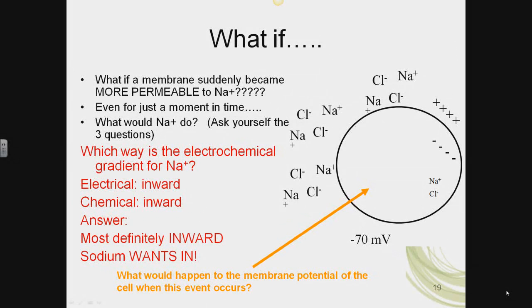It dropped from minus 70 to minus 50 to minus 30. And students say, well, how much less negative and more positive will the cell become? Well, that depends on how much permeability sodium has and how long those channels stay open, doesn't it? It's situational. It's dependent on how much permeability.